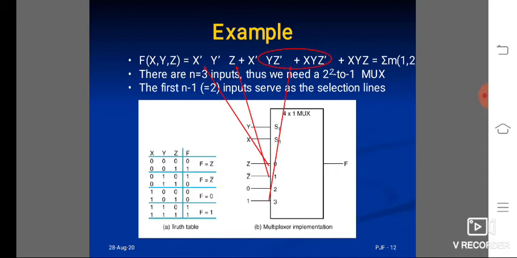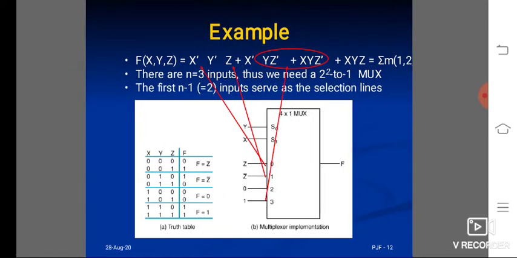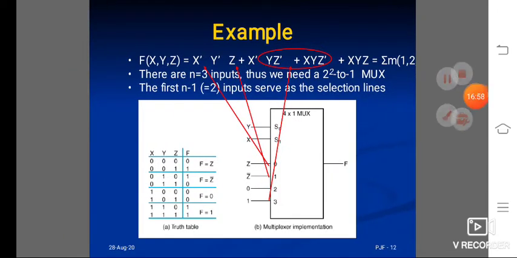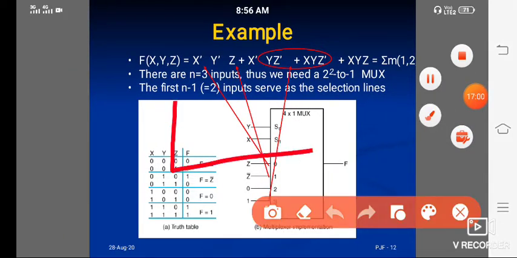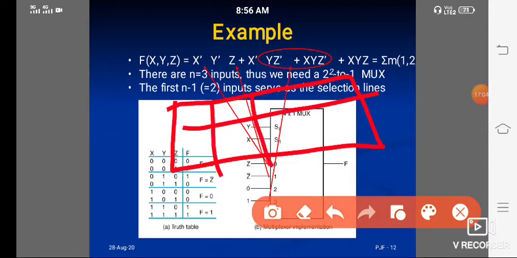One more method I will tell you clearly. From an easy point of view, this is almost like a K-map, but this is not a K-map. You have observed clearly.